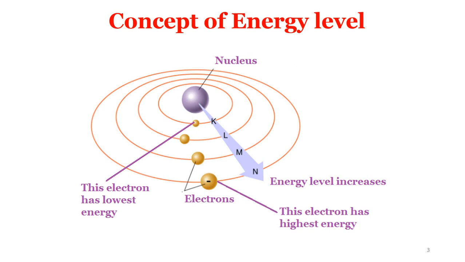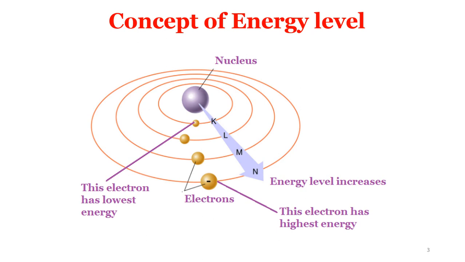The kinetic energy is due to its motion, and the potential energy is due to the charge on the nucleus. So the energy level of an electron is the sum of these two energies, that is, the sum of kinetic energy and potential energy.